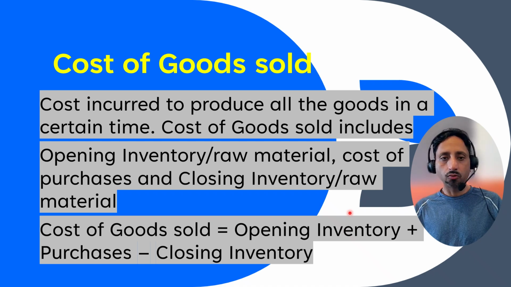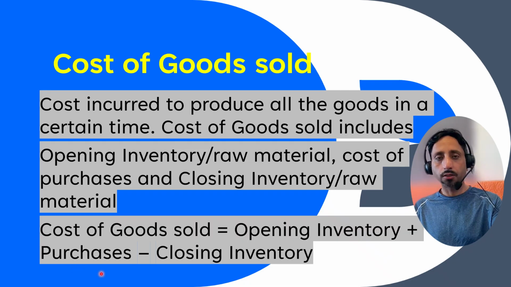It's also called opening inventory or opening stock. And then you have the purchases, that is whatever raw material you purchase throughout the year, the value of that purchase is the purchases.